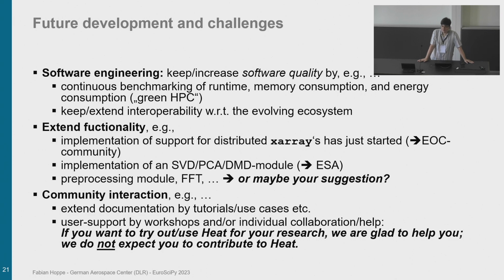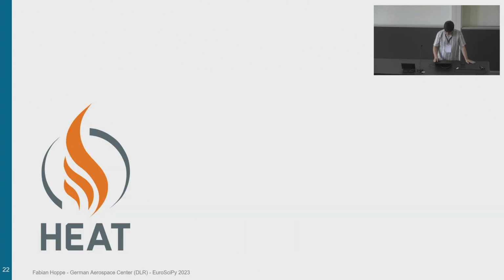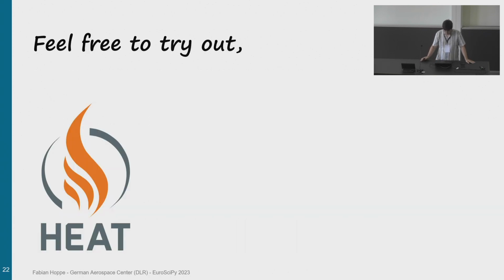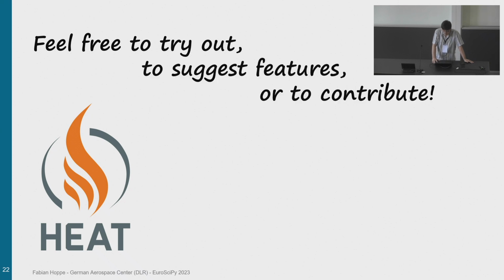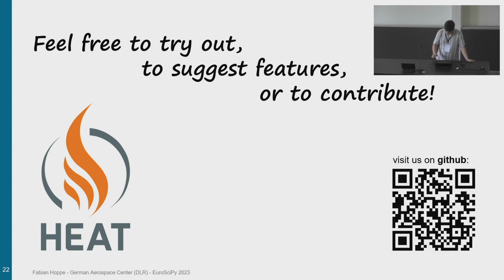To make this clear, if you want to use Heat for your research, we would be glad to help you, and you don't have to contribute anything to the code. We also just assist you in using it. Feel free to try it out, to suggest something, or to contribute. That's the link to GitHub.